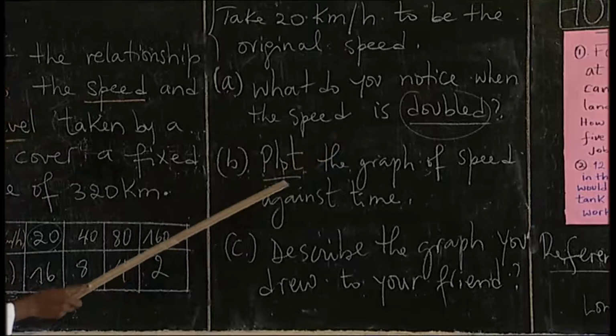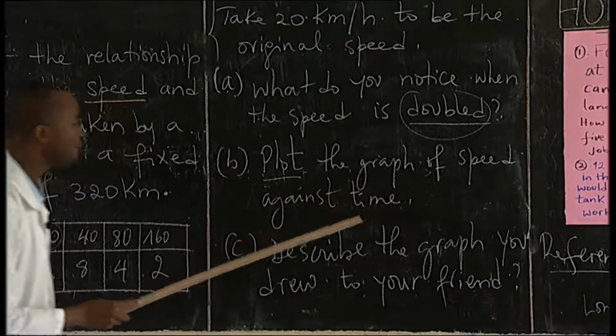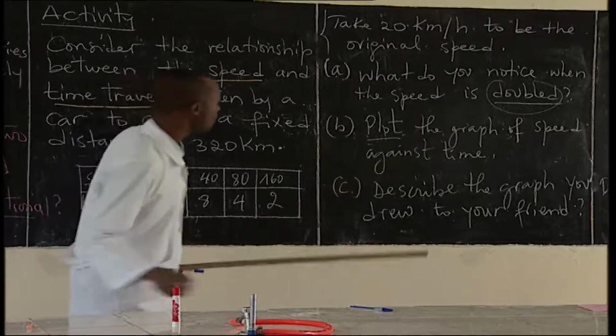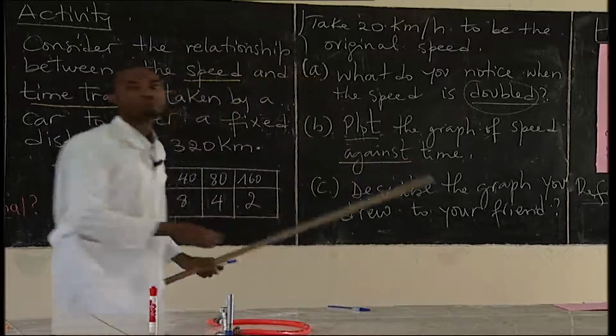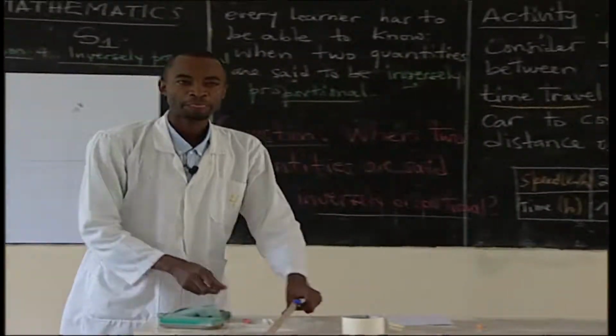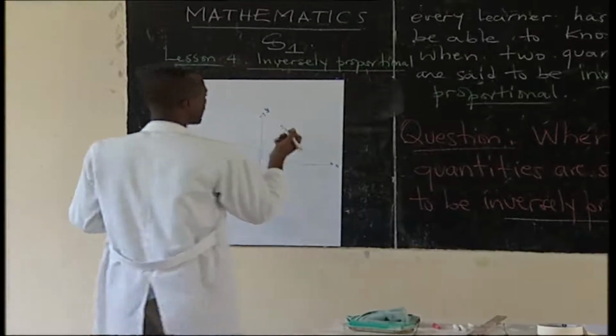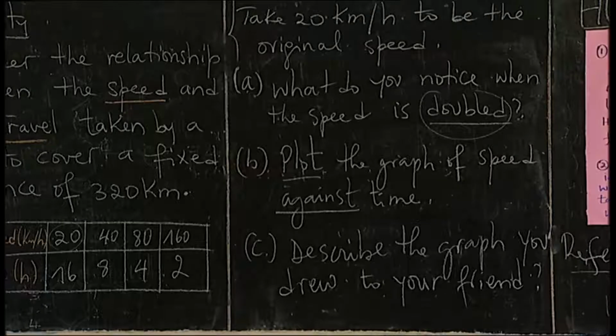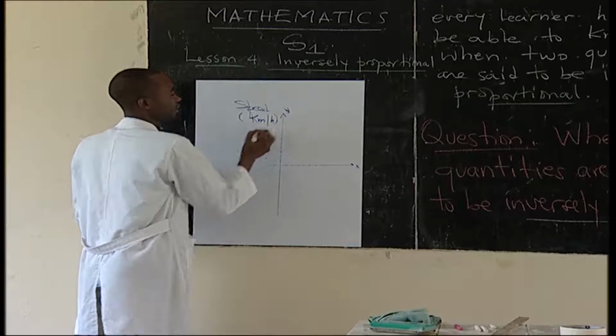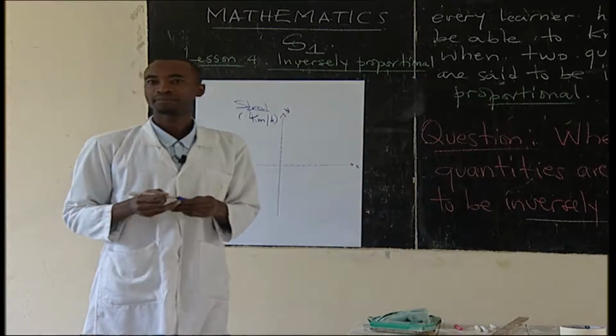Number 2, it's to plot the graph of speed against the time. Let's put speed here. This is speed, and you remember it is expressed in kilometers per hour for our case.